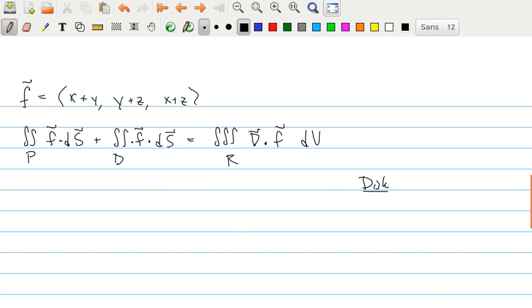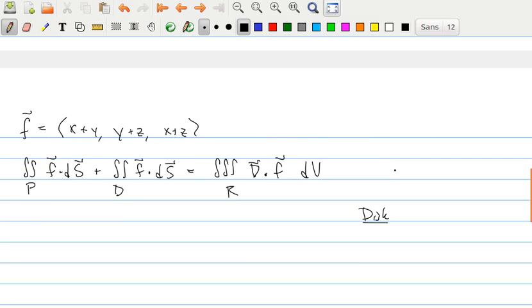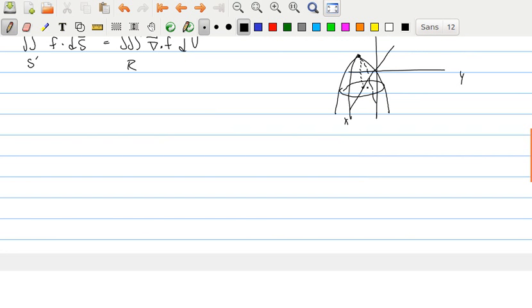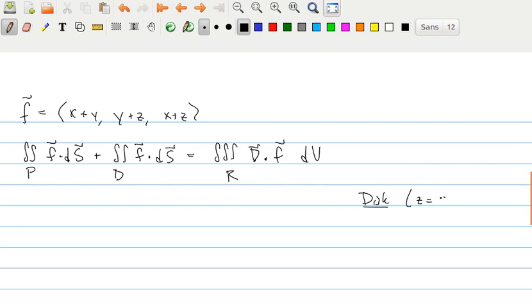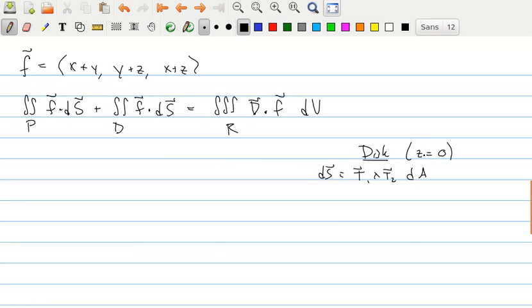If you look at the flux through the disk, well, first the disk is the floor of this region in here, and that's given by the plane z equals 0. That's the xy plane. So that disk is the equation z equals 0. So to get our dS, we're going to take our two tangent vectors and cross them. If we were to parameterize this disk, z equals 0, so x and y are both free.